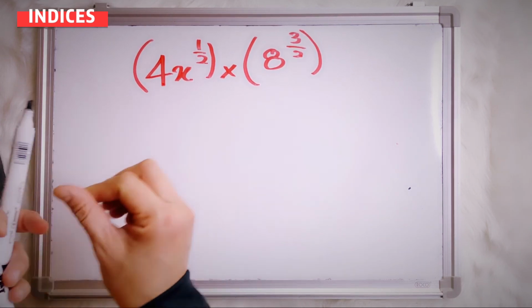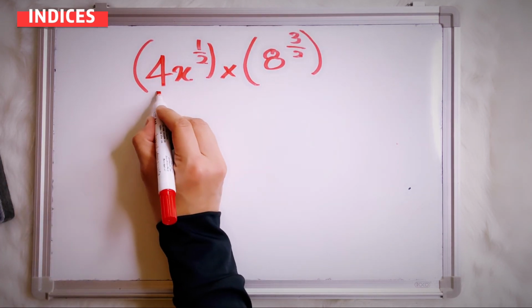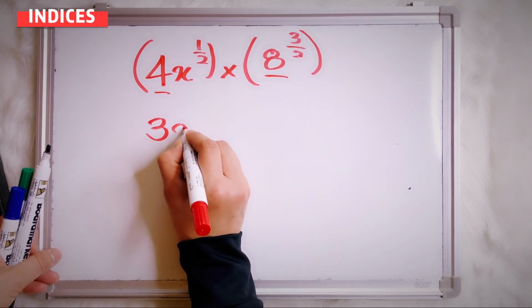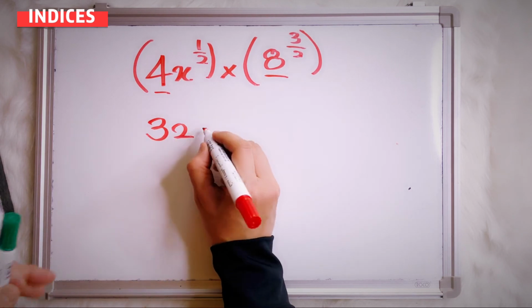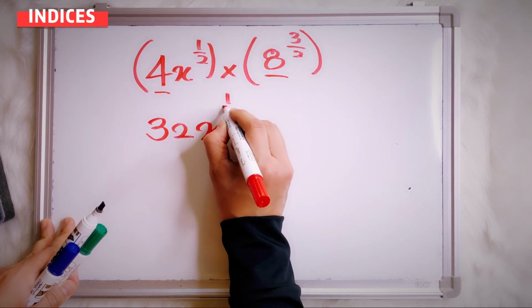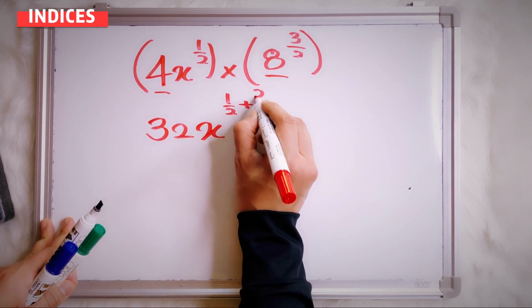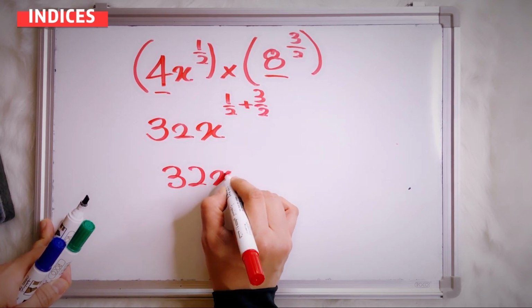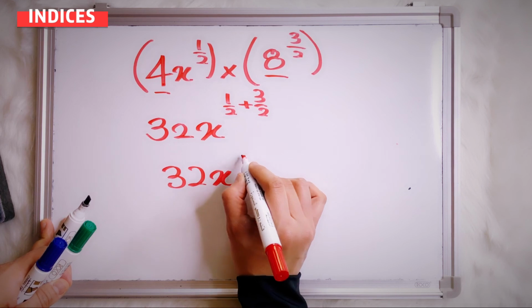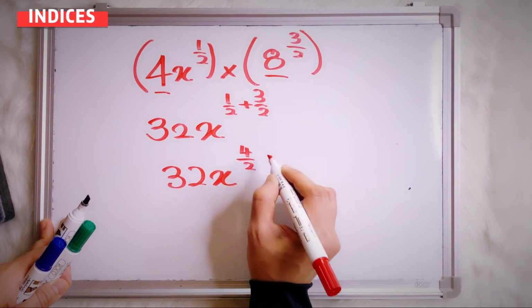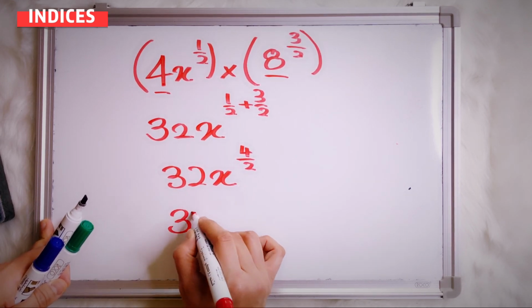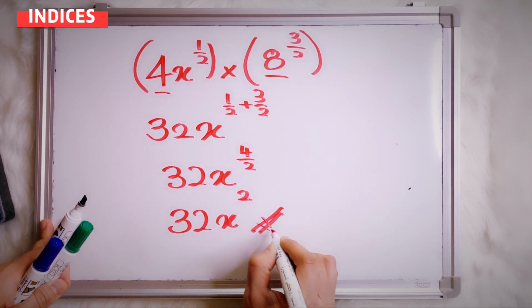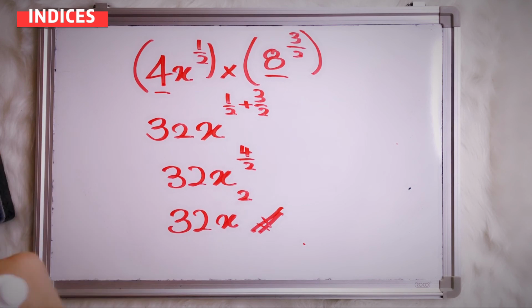So 4 times 8 is 32. Correct? So now x: 1 over 2 plus 3 over 2. So 32x, 3 plus 1 means 4, right? So 4 over 2 means power of 2. Okay? I hope you understand.